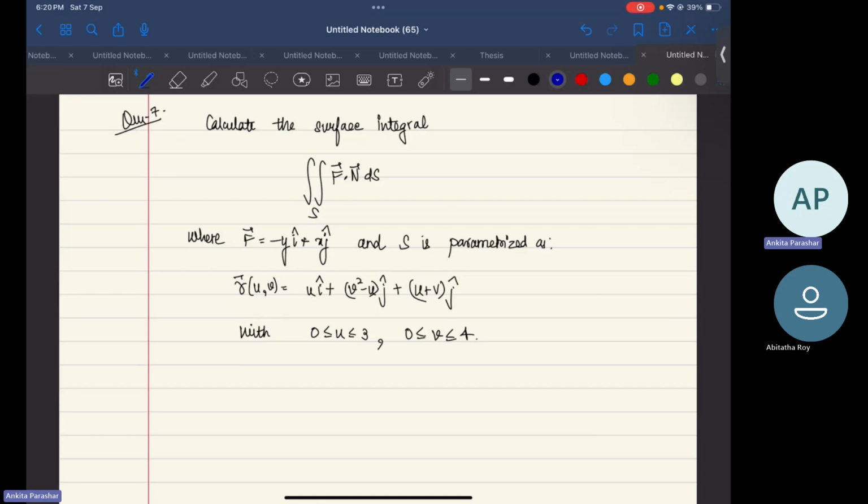Okay, suppose we want to find this. Now we know how to find the normal vector to the surface S, which is being parameterized by our u, v. The bounds of u, v we have been given.